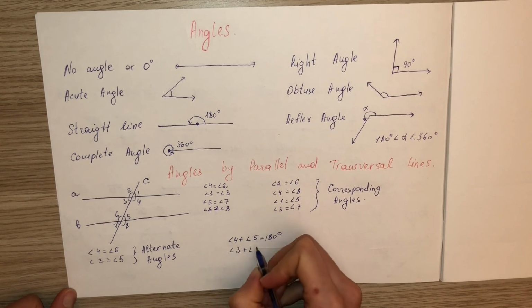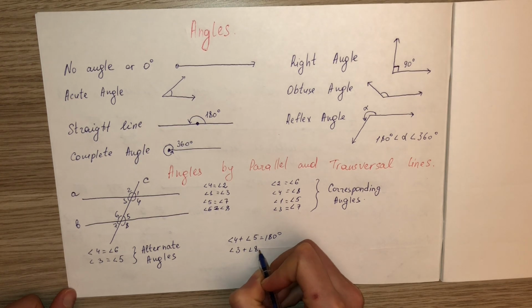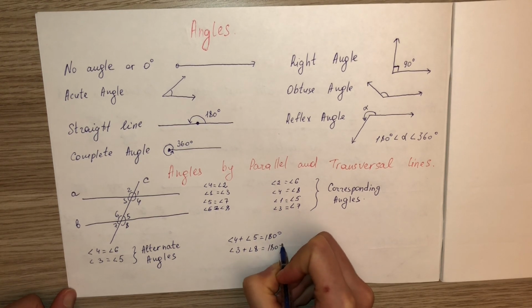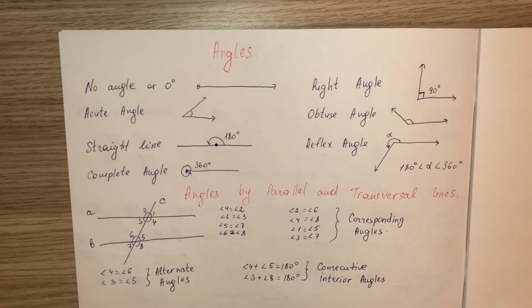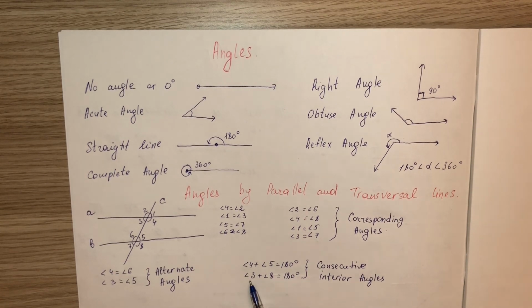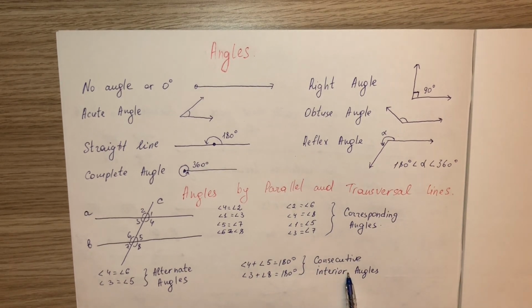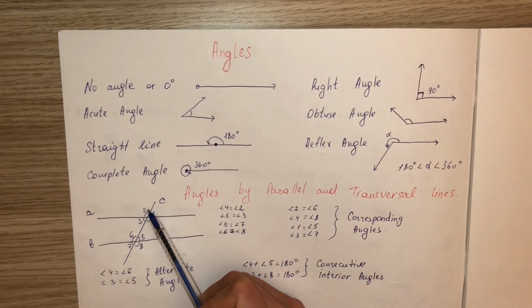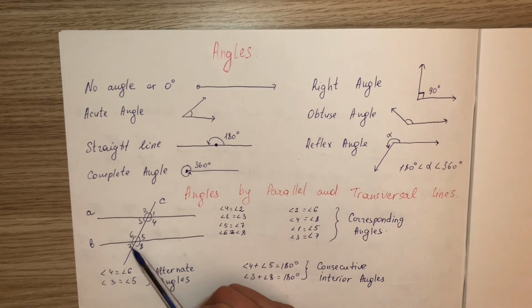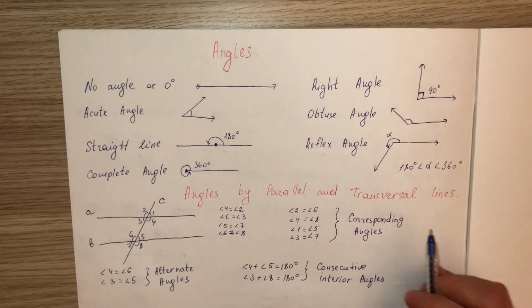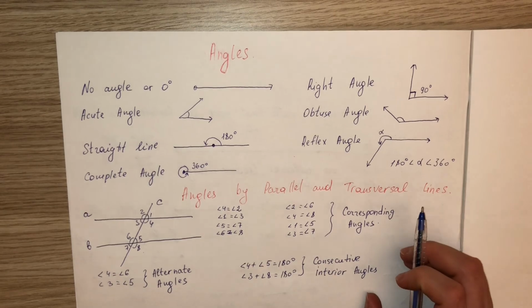The sum of these two angles is also equal to 180, and so the angles 4, 5 and 3, 6 are called consecutive interior angles. Also these angles 2, 7 and 1, 8 are called consecutive exterior angles.